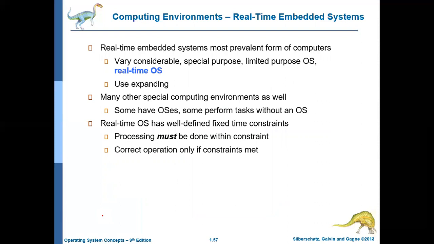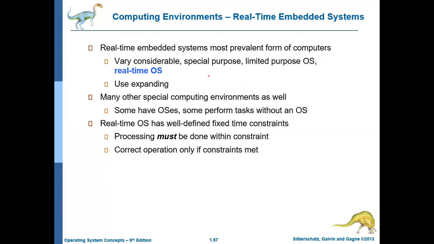Then we have the computing environment with real-time embedded systems. Nowadays most devices come with a processor. For example, if you purchase a smart TV, it will have a processor. If you purchase a microwave oven, it will have a processor. If you purchase a washing machine, it will have a processor. But all these processors are called special purpose processors or embedded processors.